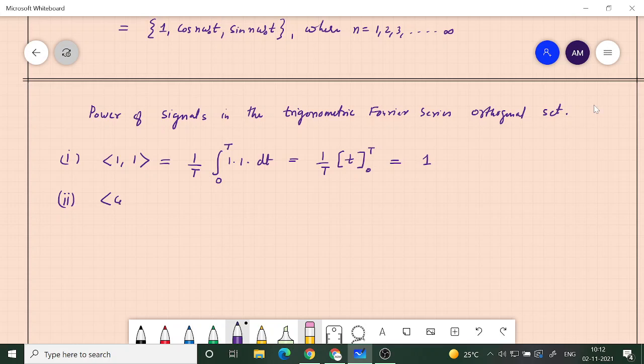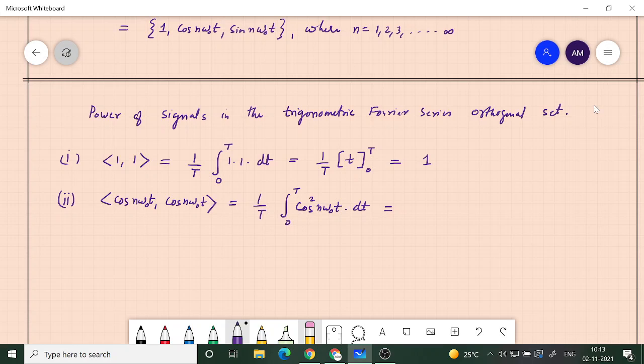Number 2. So let us now consider cos n omega 0 t inner product with cos n omega 0 t. So 1 by T integral 0 to T, first function into the conjugate of the second function, which is also the same. So I can write it as cos square. Agree? Yes, sir. So now I can use a trigonometric relationship.